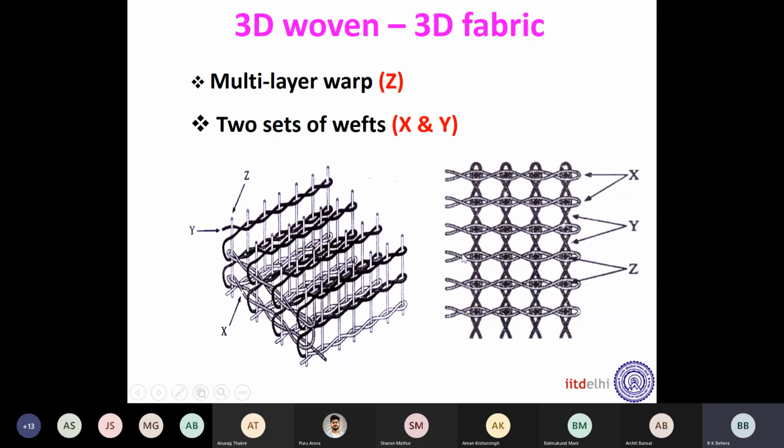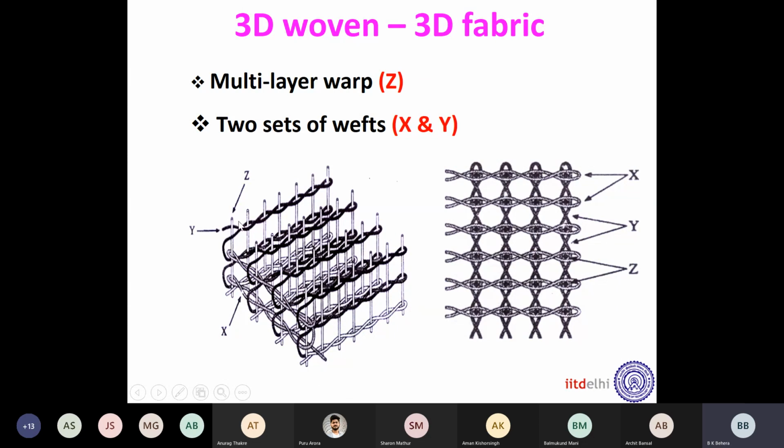This is how this fabric is shown. X, Y, Z yarn. Have a look. X, Y, Z yarn. Multi-layer warp, only Z. Two sets of weft, X and Y. Look here, X and Y. This or this, they are weft yarns. Warp yarn is only those standing, only one warp.